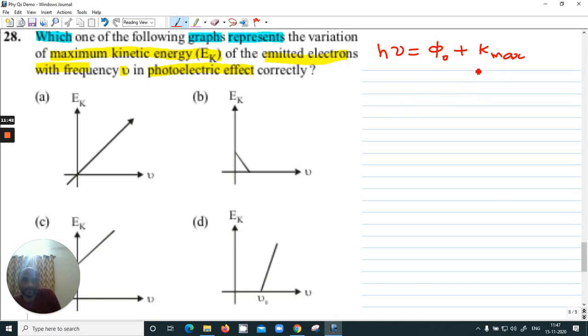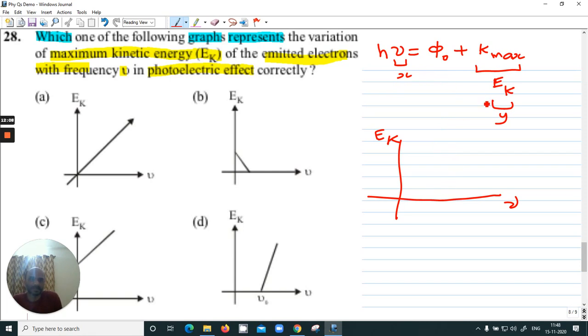And here the symbol used for K max is Ek, and Ek is plotted on the y-axis, and frequency on the x-axis. So the plot of Ek versus nu will be a straight line, and the slope of the straight line will be h.